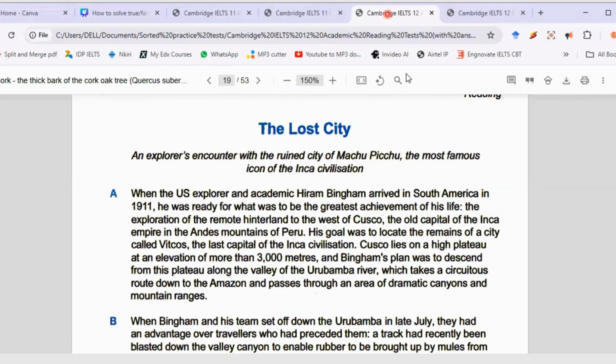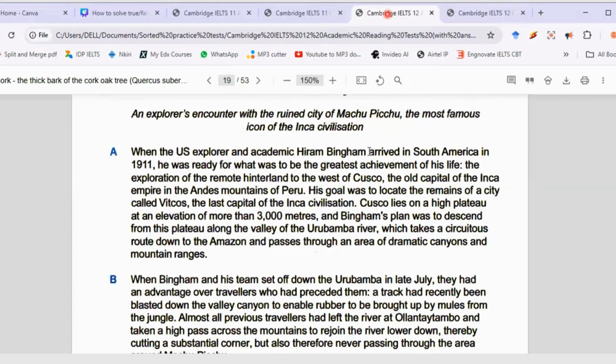We scan from the beginning carefully. I can see Bingham here, and then I'm looking for Inca. See Inca here, Inca civilization. So let's study it closely. When US explorer arrived in South America, he was ready for what was to be the greatest achievement of his life, the exploration of the remote hinterland of West Cusco, the old capital of the Inca Empire.